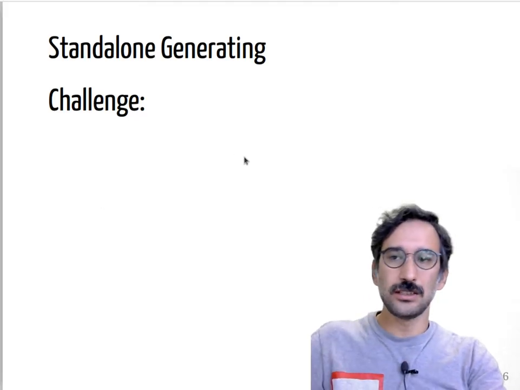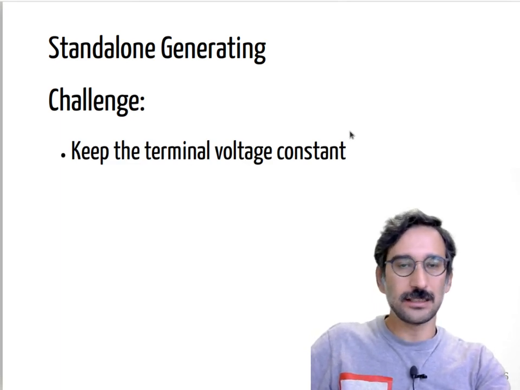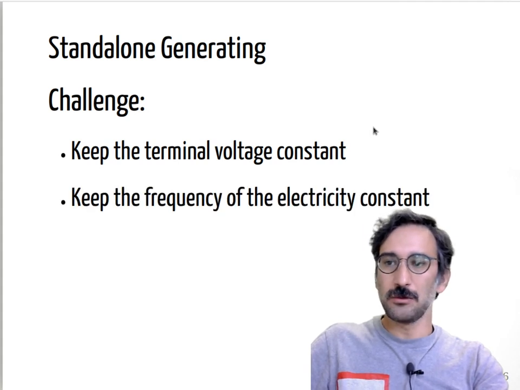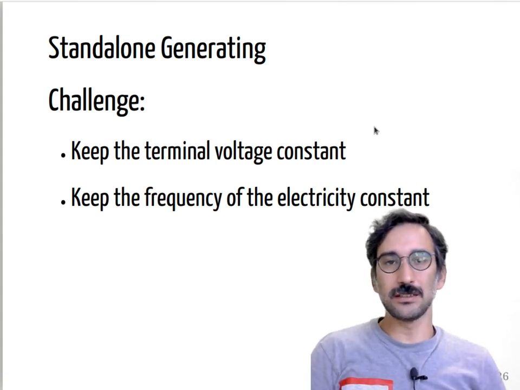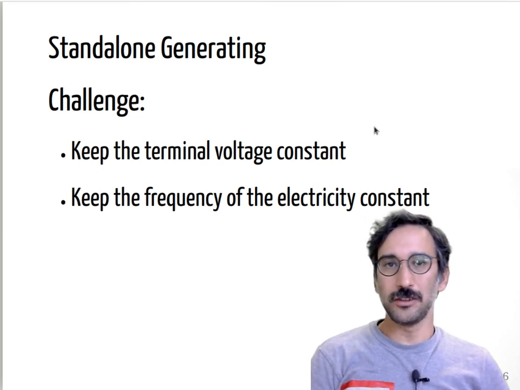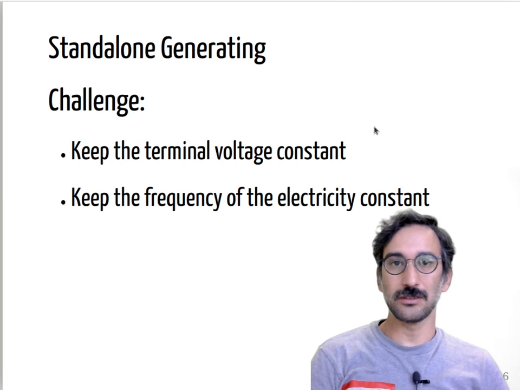So our challenge is to keep the terminal voltage constant regardless of our load conditions, and we want to keep the frequency of the electricity generated constant, because our devices are designed for either 50 Hertz, or 60 Hertz in the US or Japan and a few other countries.